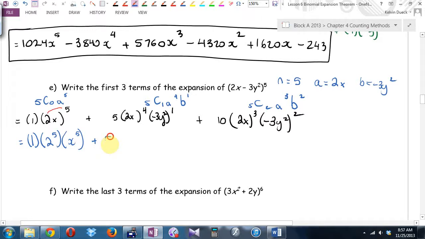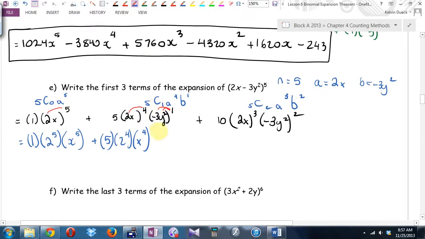Plus, there's going to be a 5 still in front. This 5 drops down like a domino. But can you see that 4 is going to go on the 2? I'm going to have a 2 to the fourth and an x to the fourth. And that 1 is going to go on the negative 3 and on the y squared.